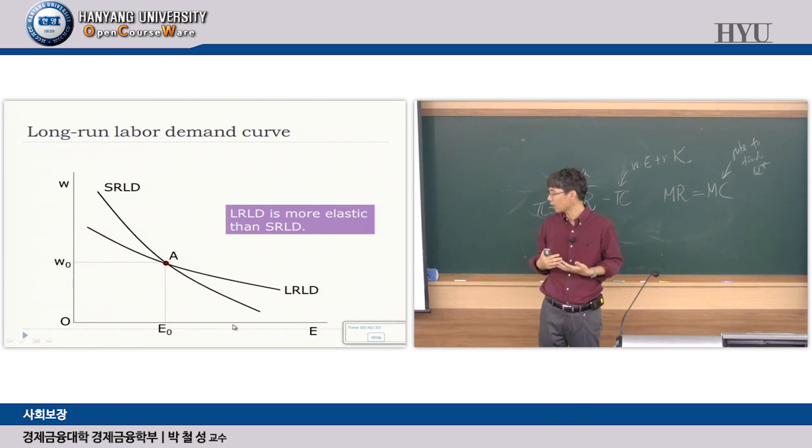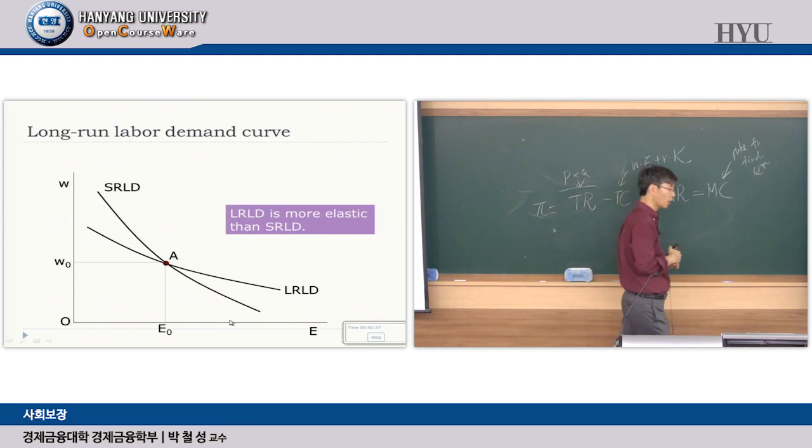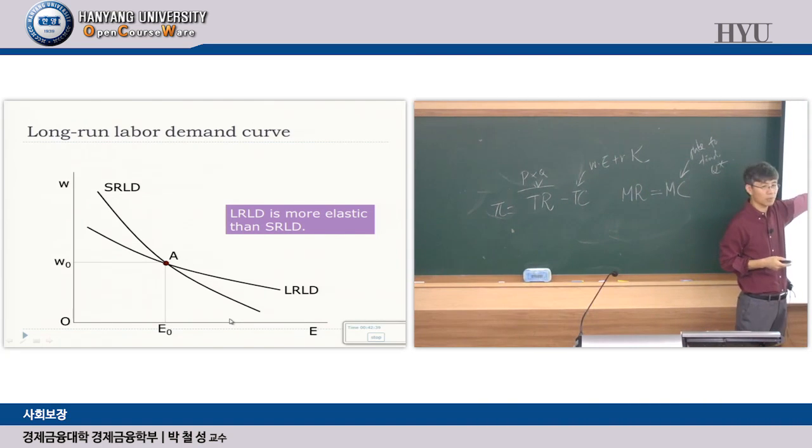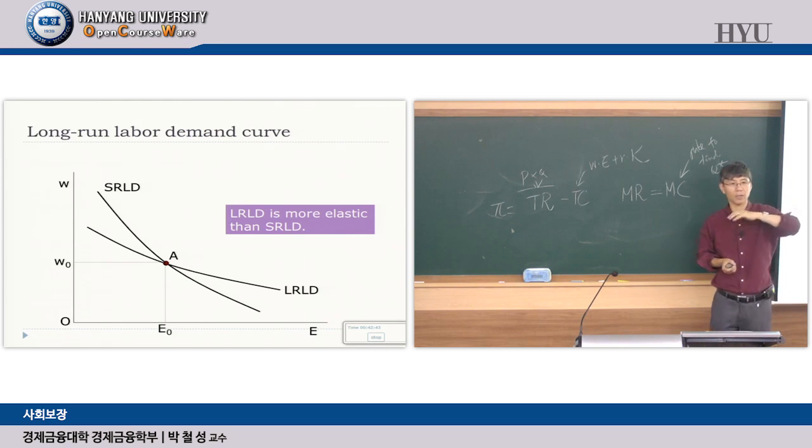So in the long run they can change the capital input as well, in a way to substitute for labor. So in the long run the impact will be greater.